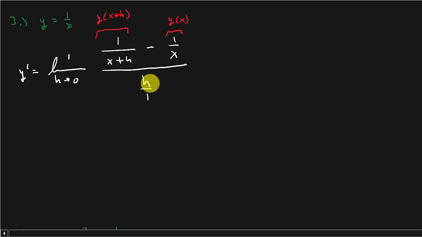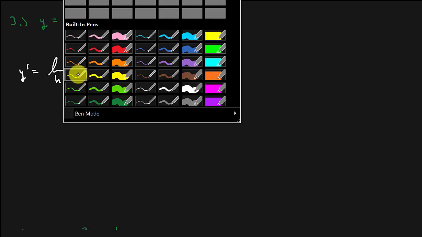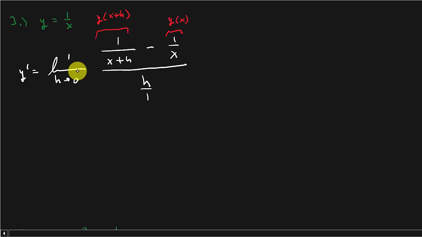We can look at that h as h over 1. What I want to do is look at this denominator and this denominator, and get a common denominator. And what do I want to do with that common denominator? Well, I want to multiply each term times the common denominator.